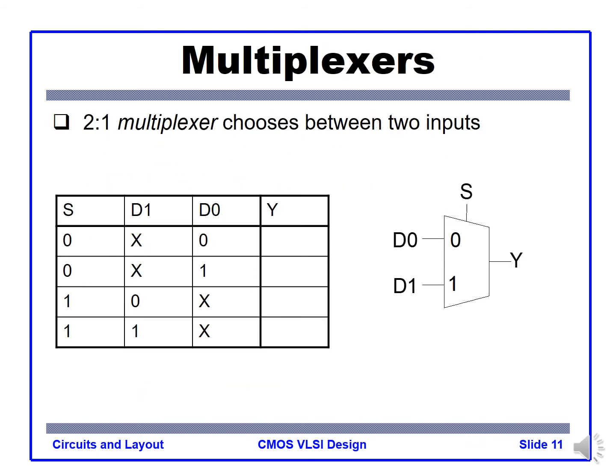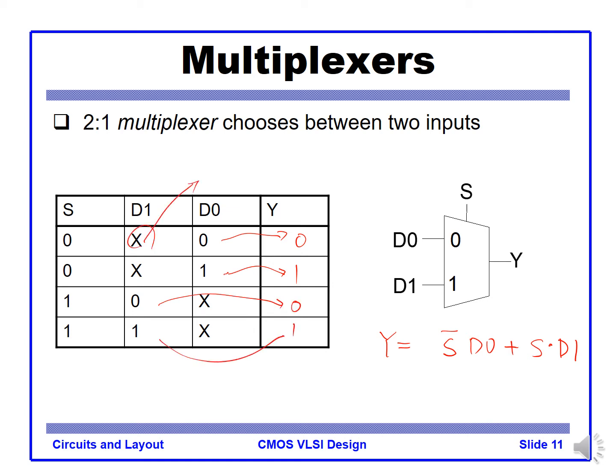This is a multiplexer. Depending on the selection signal S, we select the output. So Y, if the select signal is 0, then D0 passes to the output. If you write the Boolean equation, Y equals D0 when S is 0, and when S is high, then we pass D1. So 0 goes to 0, 1 goes to 1.